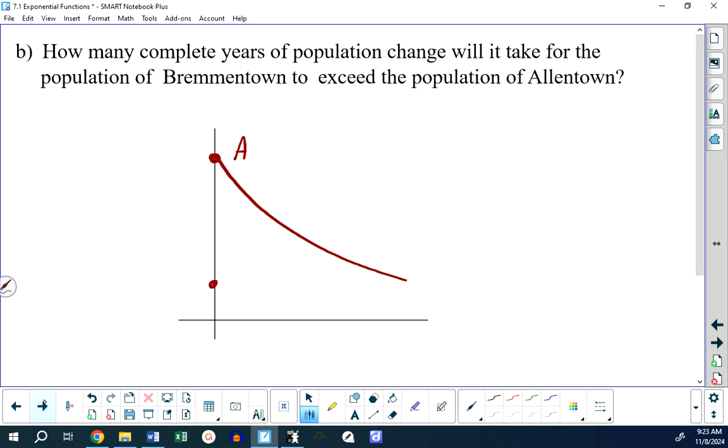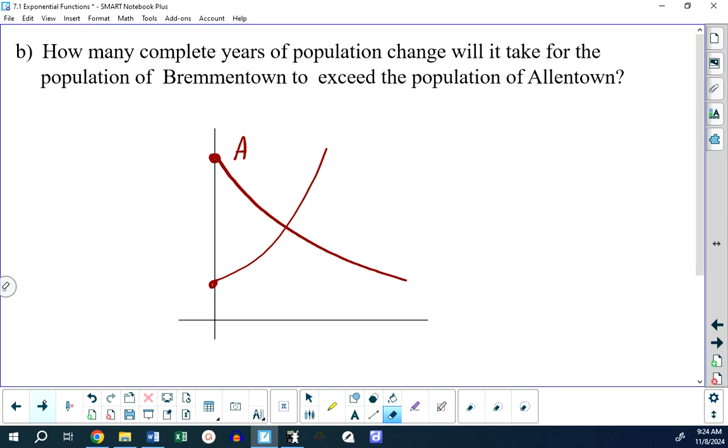Do you agree that there is a severity to how rapidly Allentown's is decreasing? I'm going to exaggerate it, but Brementown's will be increasing at a greater severity because it's growing by 9%, whereas Allentown's only losing 5%. And that's something you have to be able to recognize.